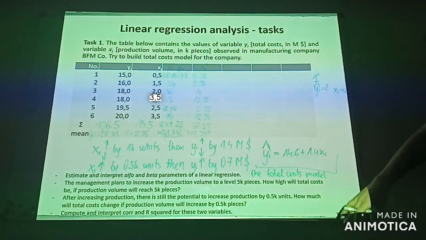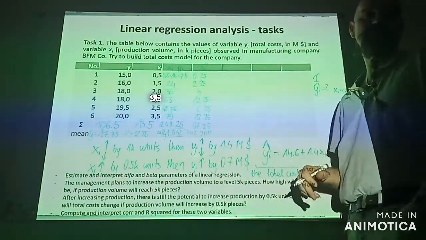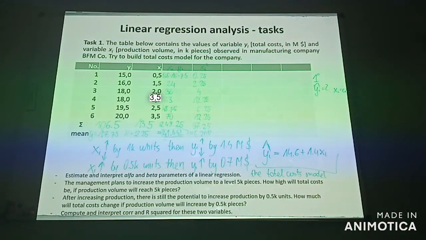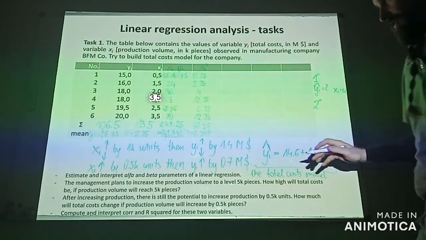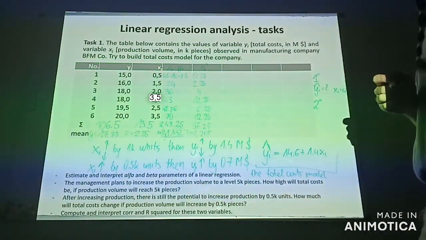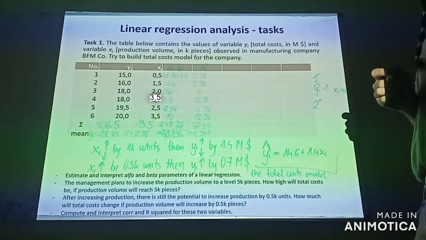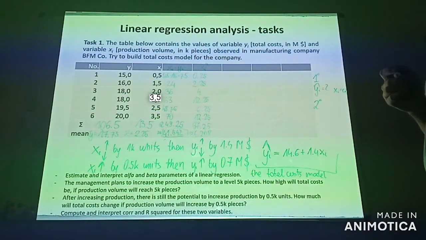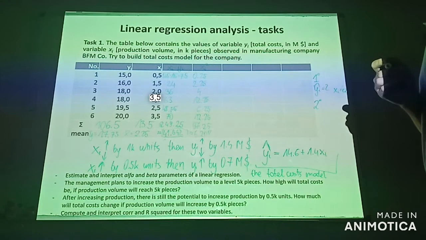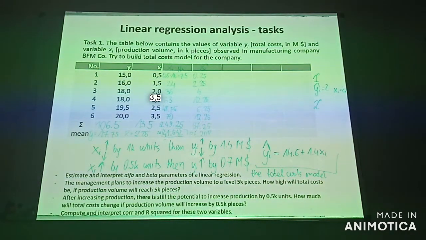Like here, I took 5,000 pieces and I received the expected value of total costs. The second information is about the changes in the dependent variable if I change the values of the independent variable.